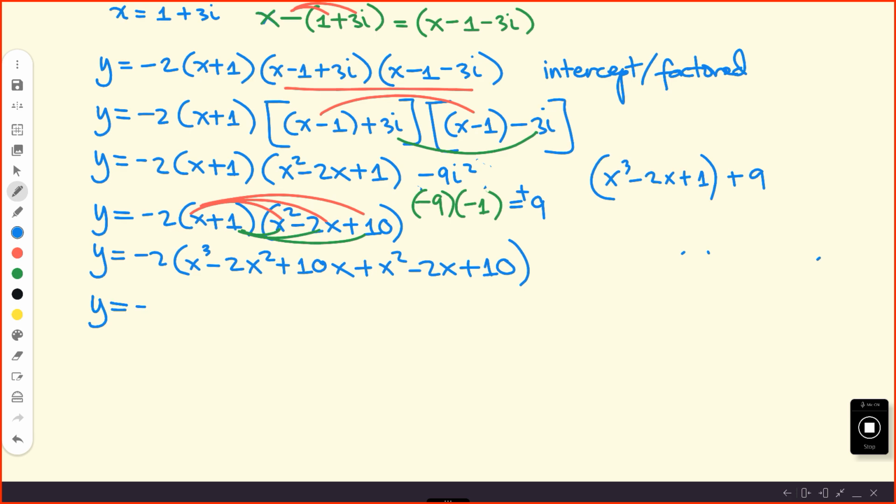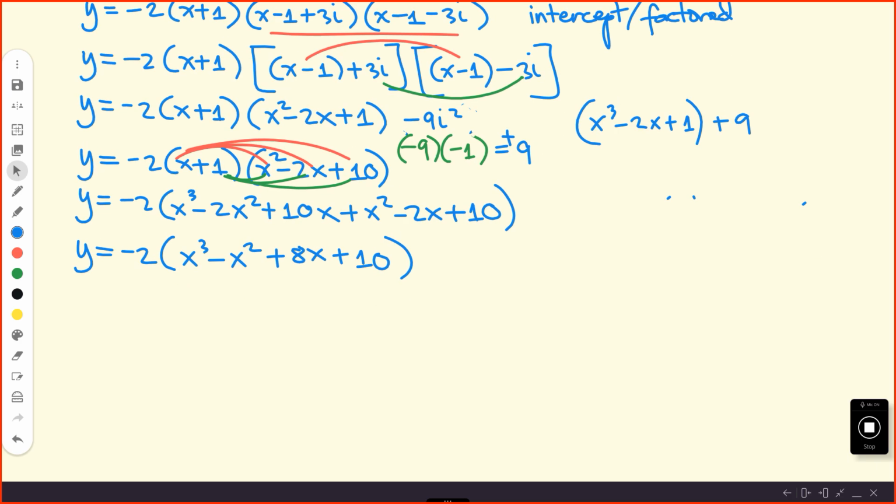And then multiply it by -2. So y equals -2 times x cubed. And then what is -2x squared plus x squared? Minus x squared. And then 10x minus 2x is plus 8x. And then plus 10. And then we just multiply by -2 and we're done. Okay?